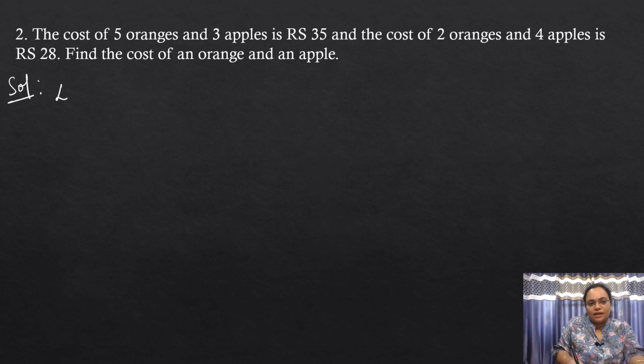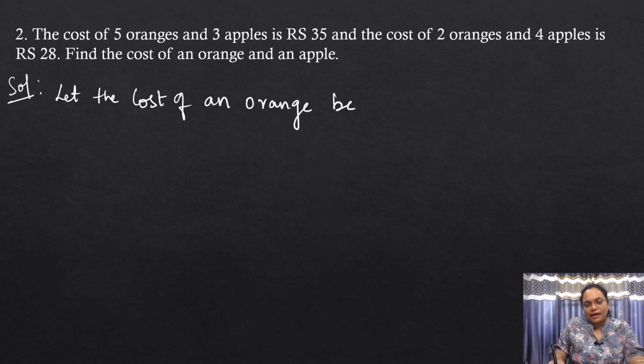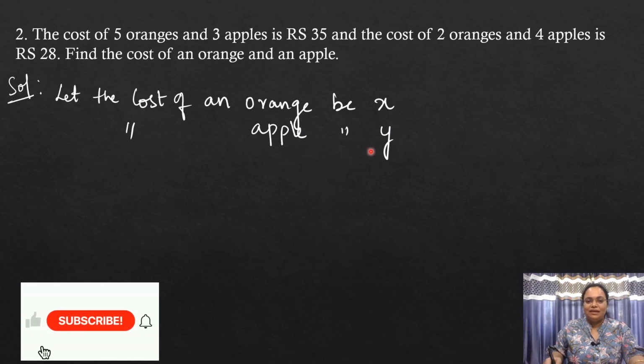So let the cost of an orange be x and the cost of an apple be y. See, they have asked us to find the cost of an orange and an apple. So we have taken the cost of an orange as x and the cost of an apple as y.